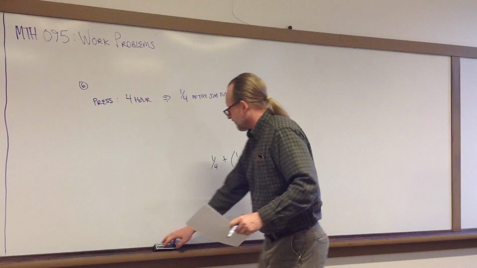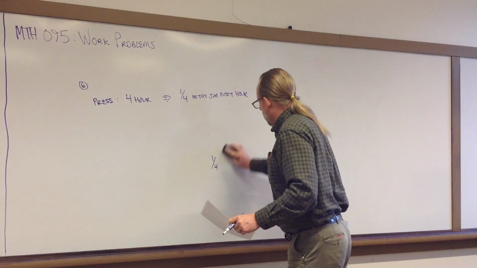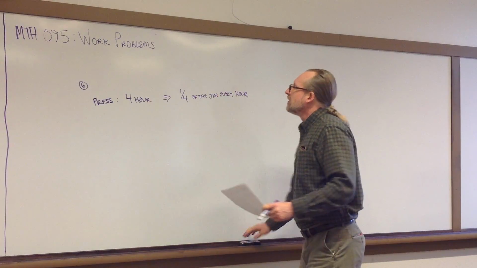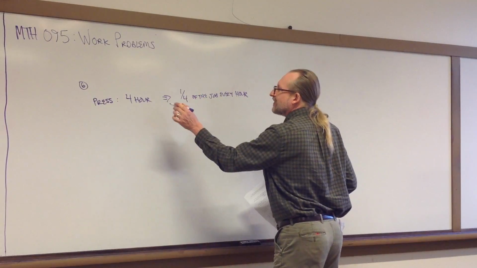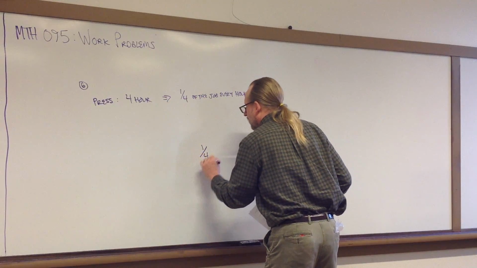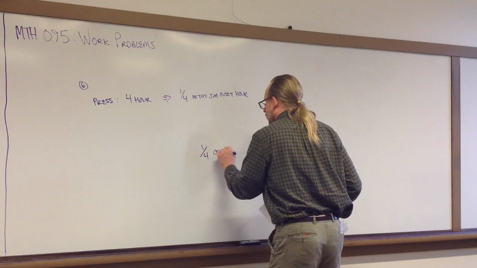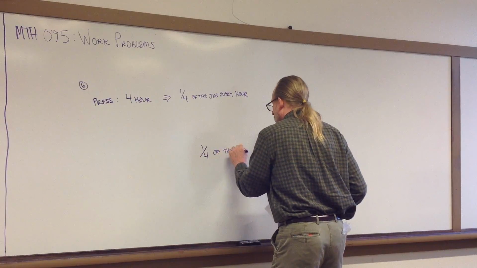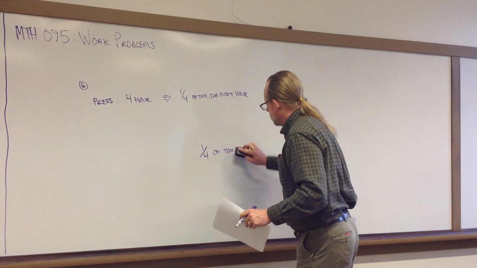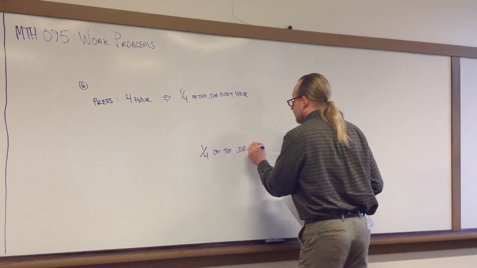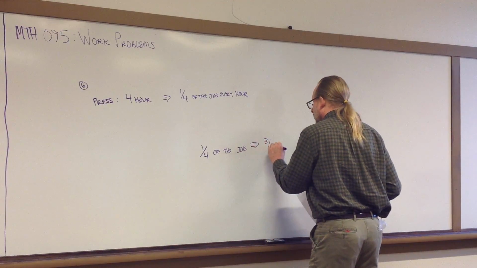Let's see here. So this press works alone for 1 hour, finishes 1/4 of the job, and that means there are 3/4 of the job left to do.